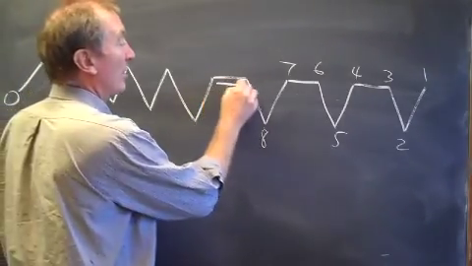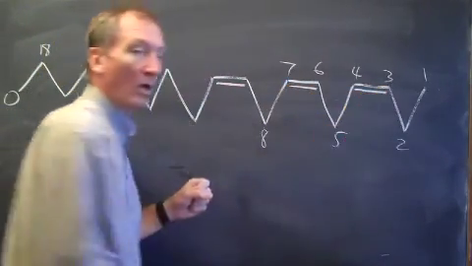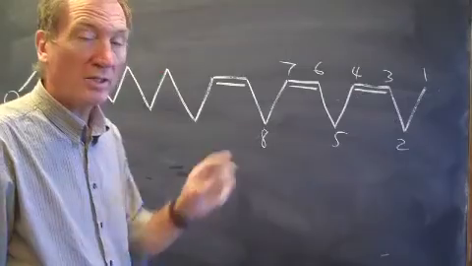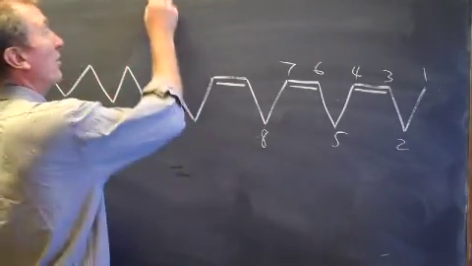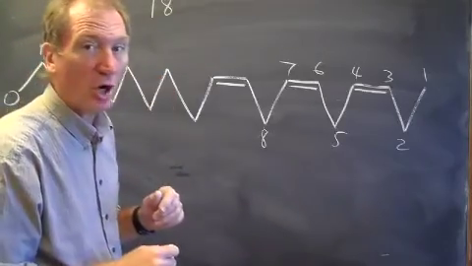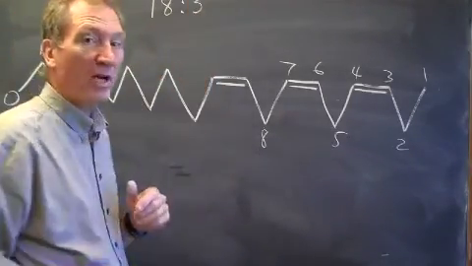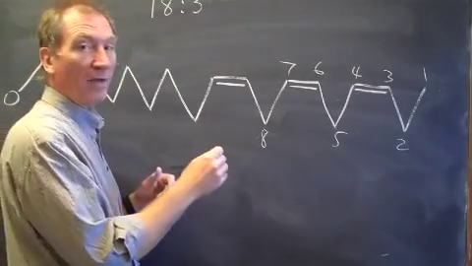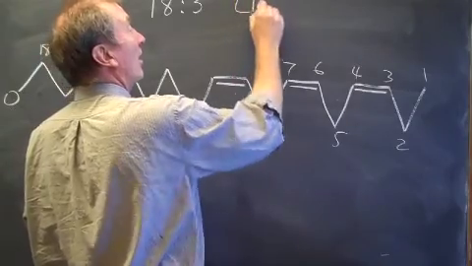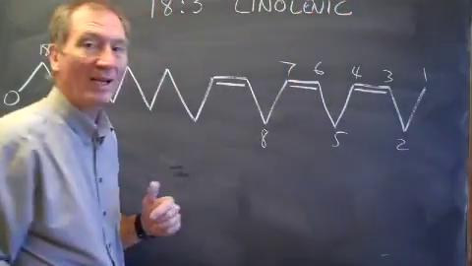Also, these places with the flat tops are double bonds, places where we have double bonds. So this is a fatty acid with 18 carbons and 3 double bonds. And this is a type of fatty acid called linolenic acid.